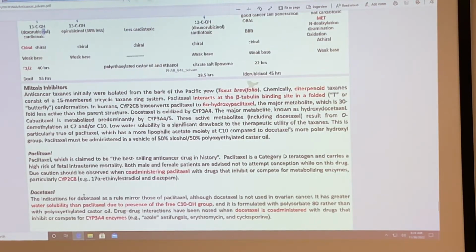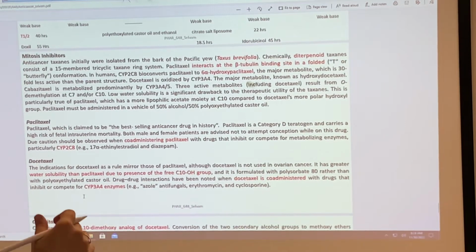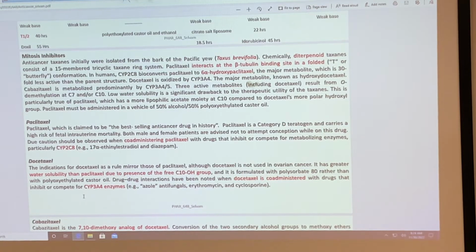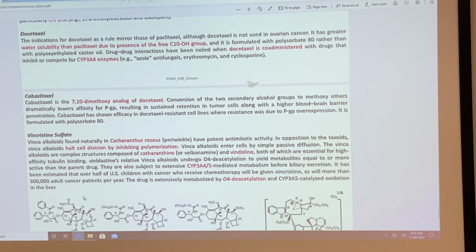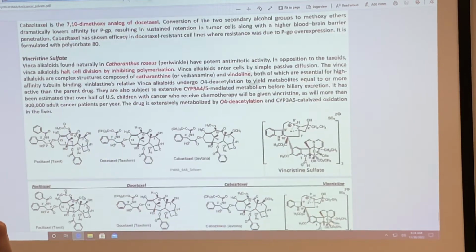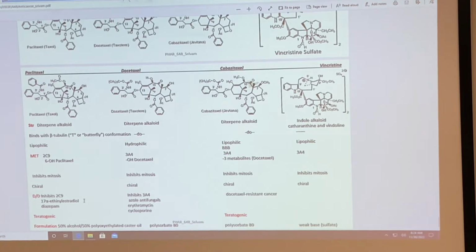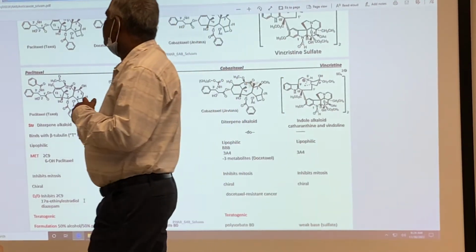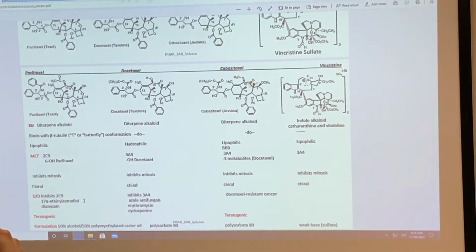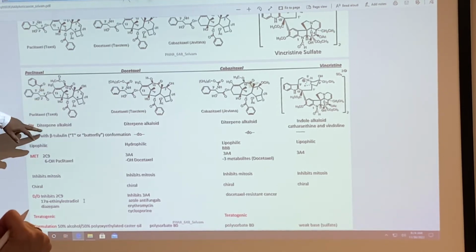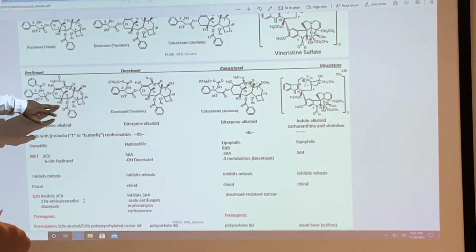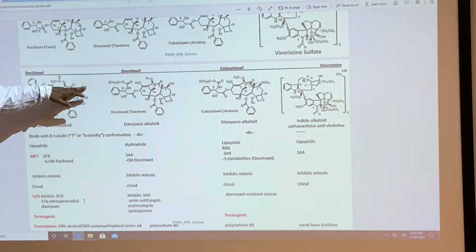Next one is the mitosis inhibitors. We have paclitaxel, docetaxel, cabazitaxel and vincristine. Those all four are classified as mitosis inhibitors. So paclitaxel is a natural compound. A natural compound with an amino functional group is an alkaloid, and this fragment is a terpene, a diterpene fragment.